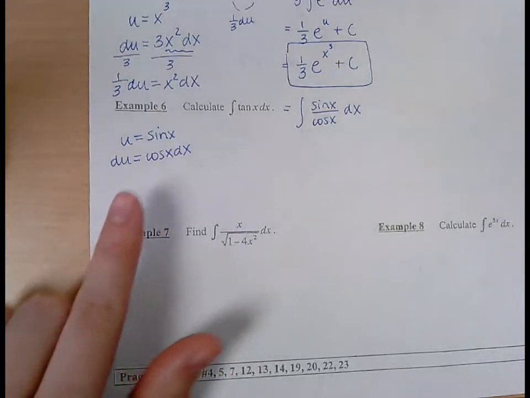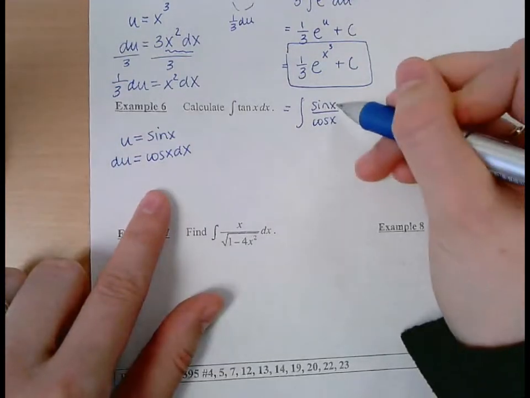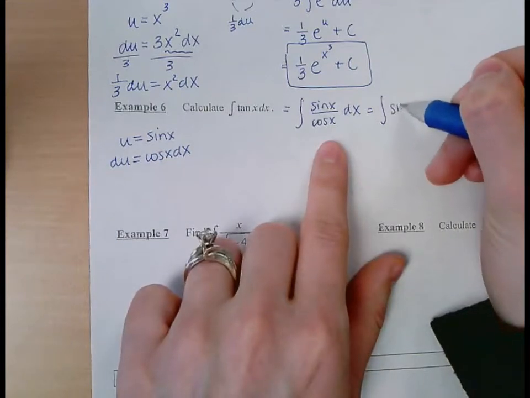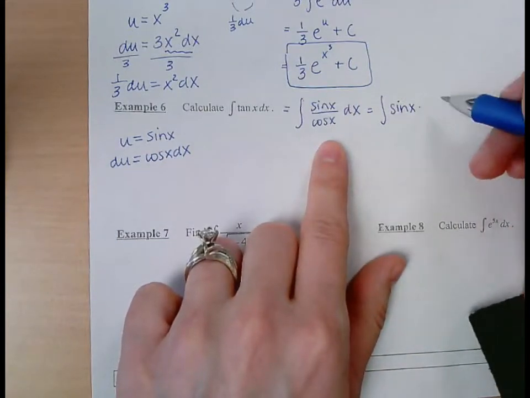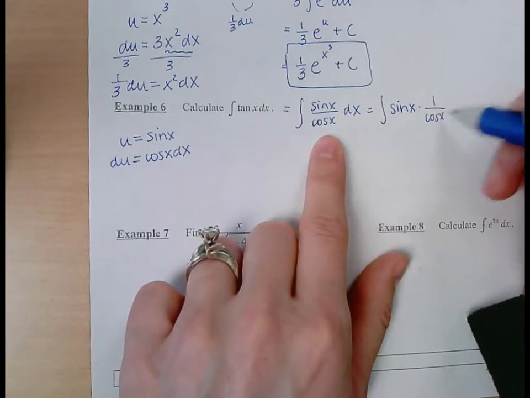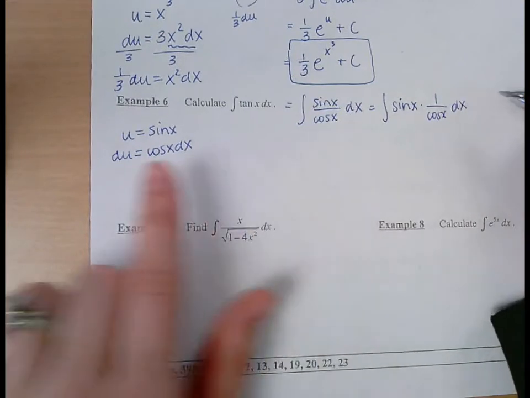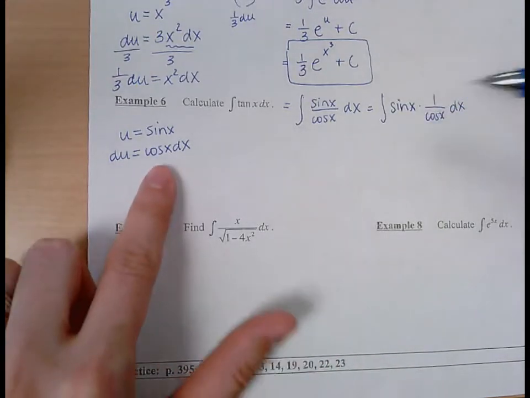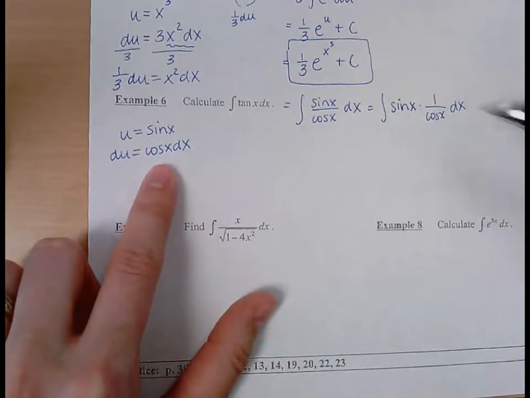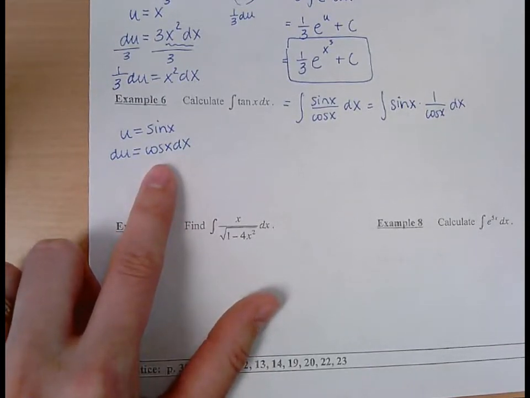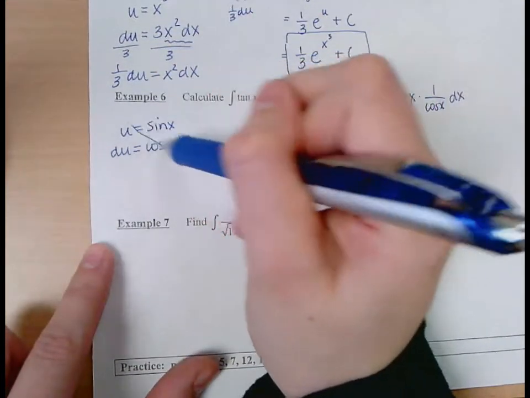Now, hold on a minute. If I rewrite this, this is really sine of x times, and since cosine of x is in the bottom, it's 1 over cosine of x. So if I let u be sine of x, I don't have cosine of x dx. I have 1 over cosine of x dx, which is really secant of x dx. This doesn't work.